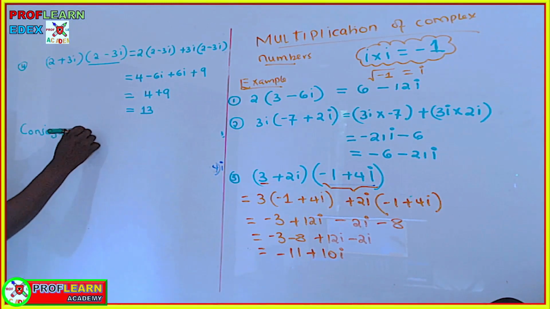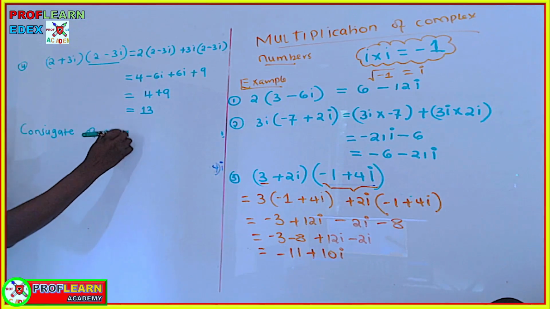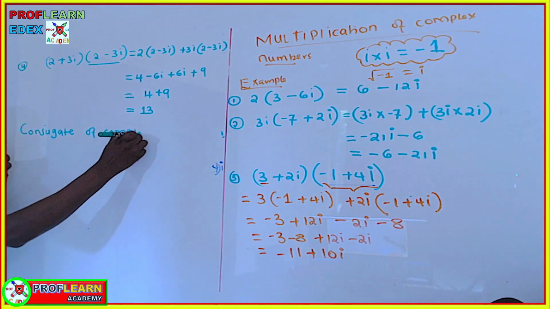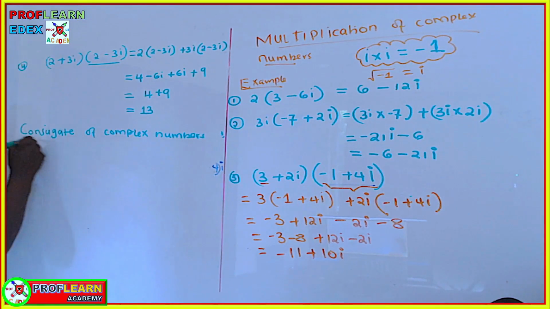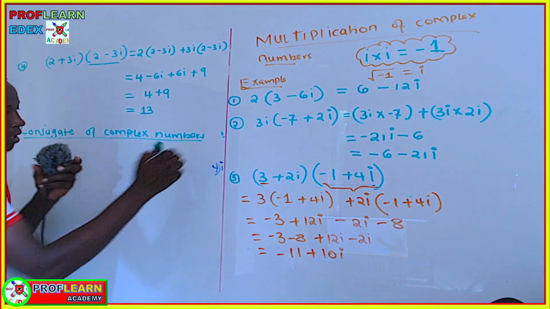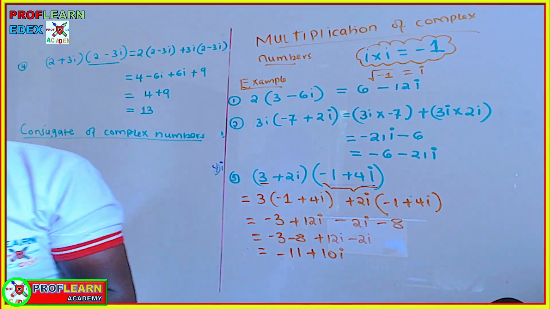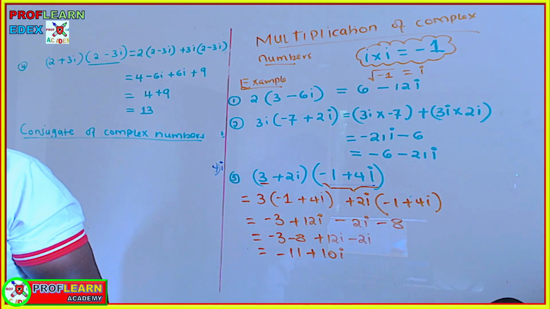Conjugate of complex numbers. How can we define a conjugate of a complex number?